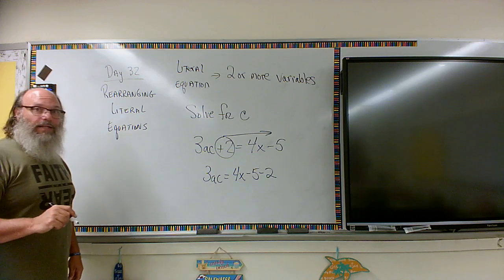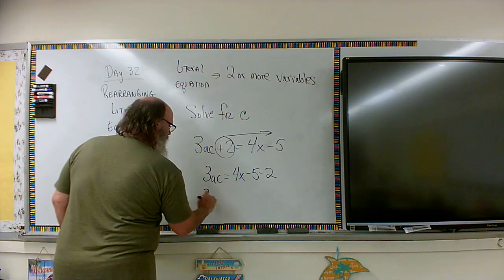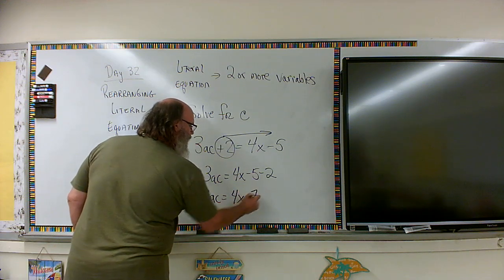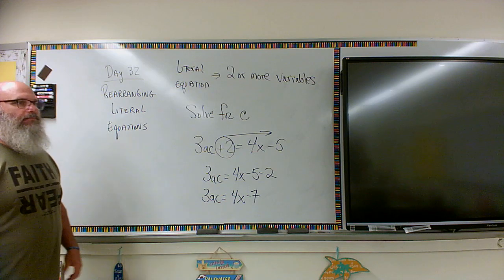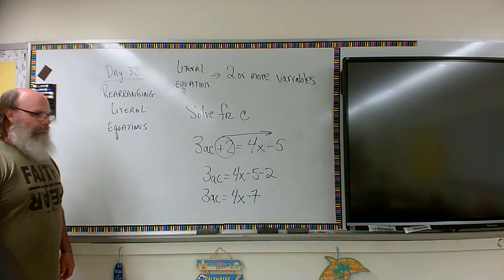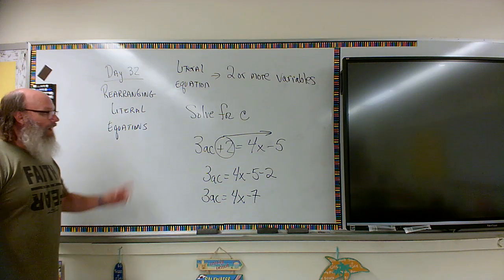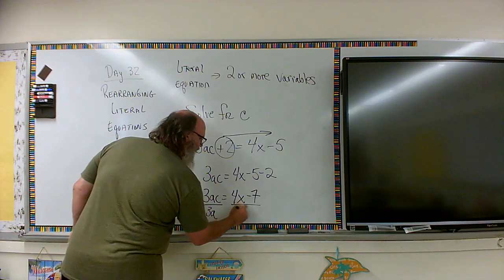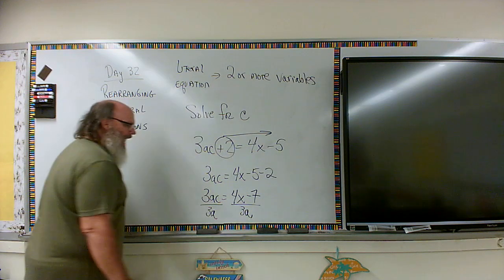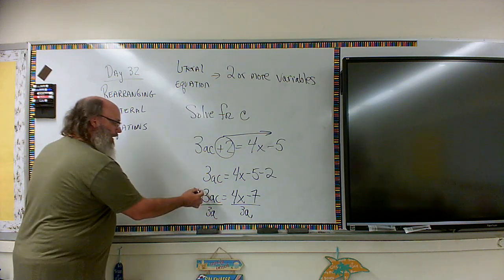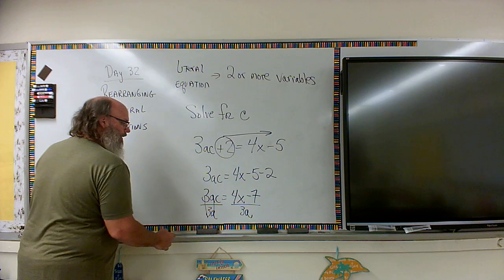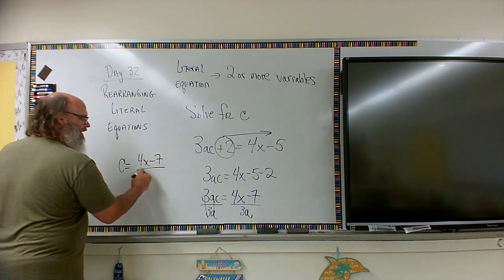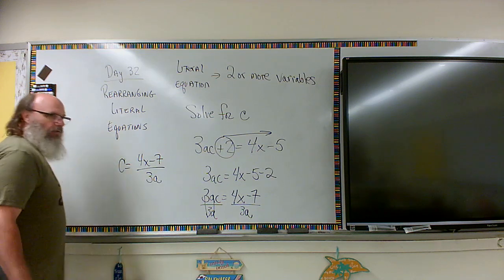Now I can combine like terms. Negative 5 minus 2 is negative 7. Now I have to get everything away from the c, so I'm going to divide both sides by 3a, and I get c equals 4x minus 7 over 3a.